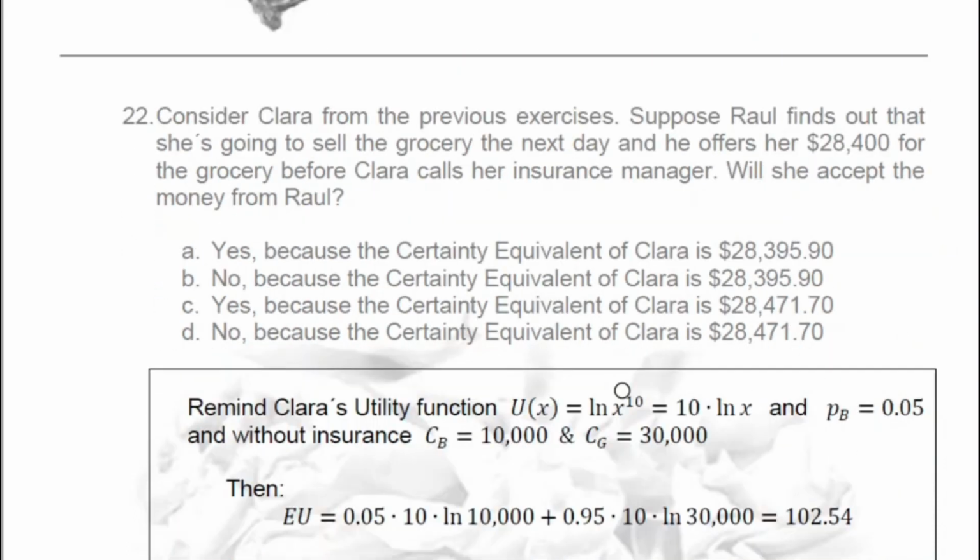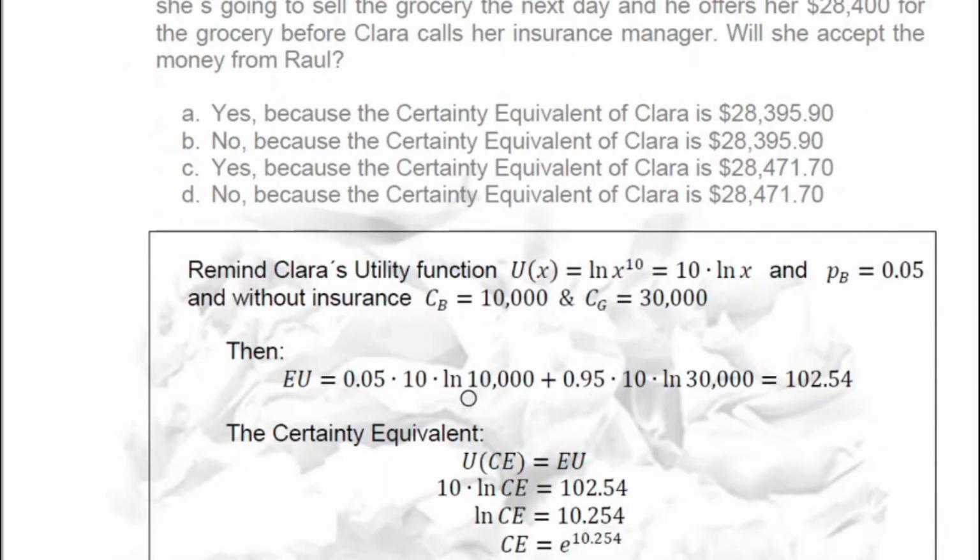So we calculate the certainty equivalent. The expected utility is this one. The utility function was this one, 10 times logarithm of x. This was the probability of the bad scenario. These were the contingent consumptions. So the expected utility is 0.05 times this plus 0.95 times this, and it's equal to 102.54.